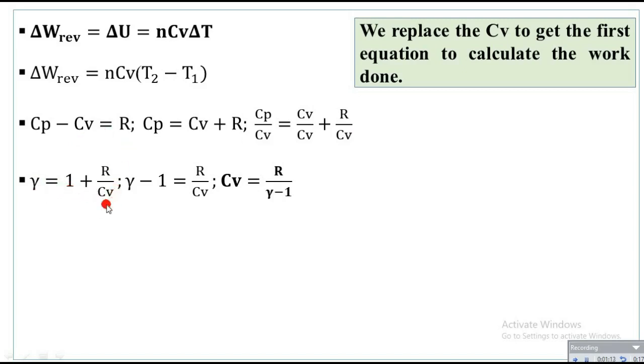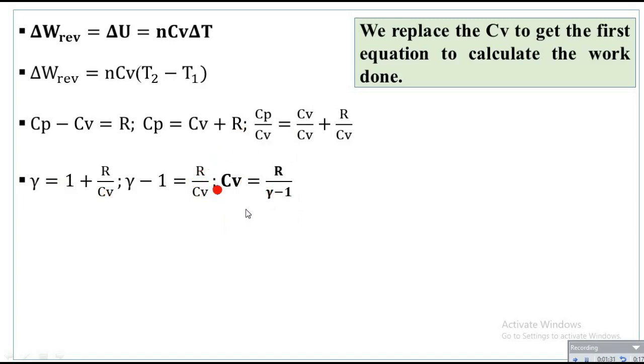We have demonstrated this relationship before in previous courses. So gamma minus 1 will be equal to R over Cv. Then Cv will be equal to R over gamma minus 1.